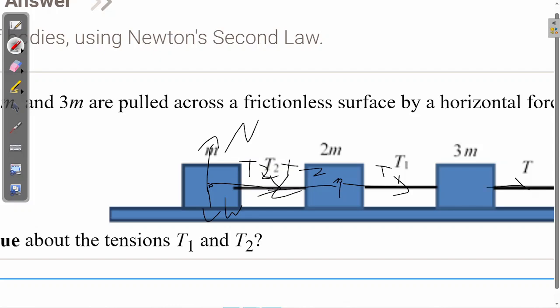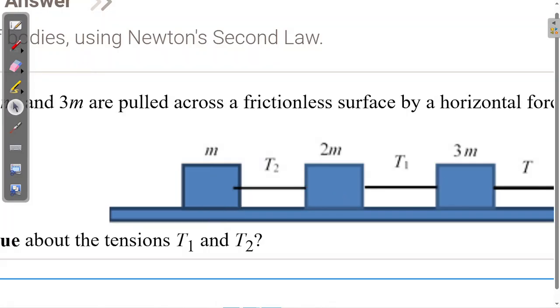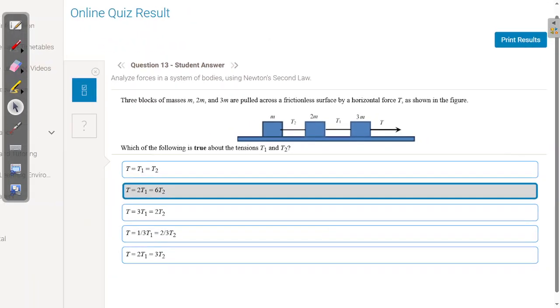And here you have T and T1. Okay. First of all, let's start with T2, which is the easiest. T2 is equal to MA immediately, because it's the only force.